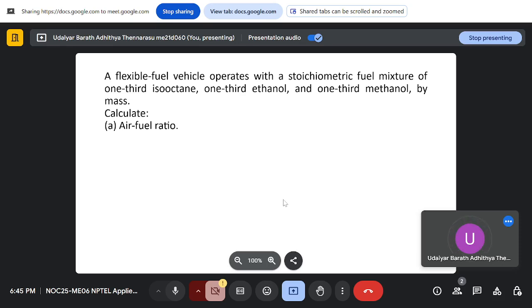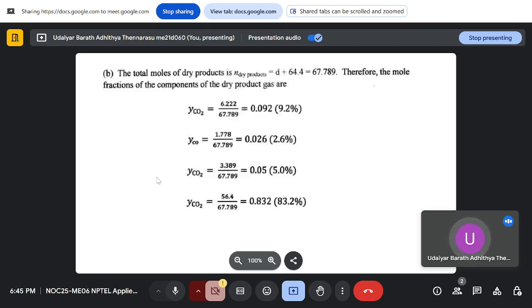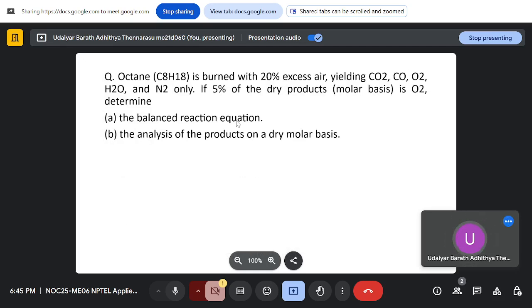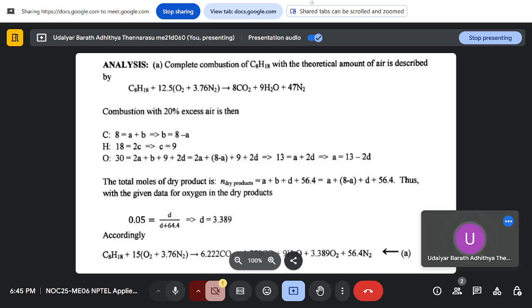So that's how we calculate when the molar ratio for oxygen is given in the products. That's how we estimate the remaining quantities.